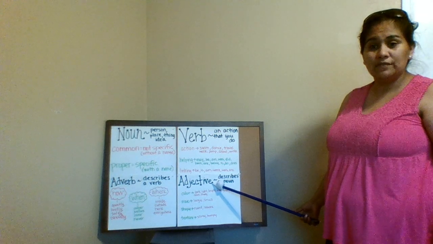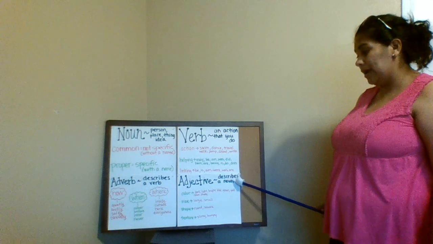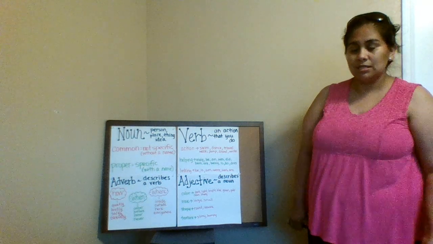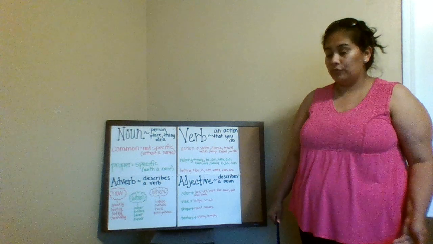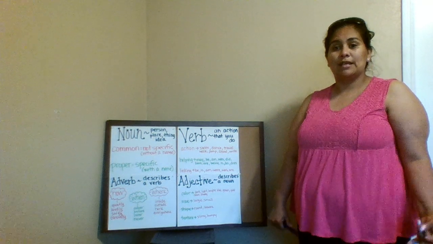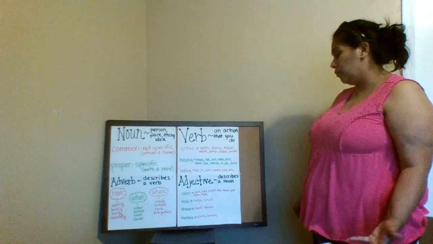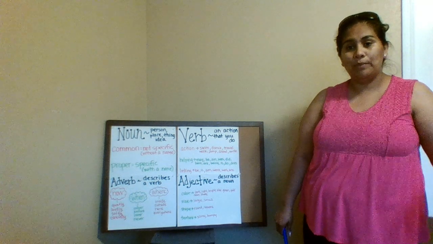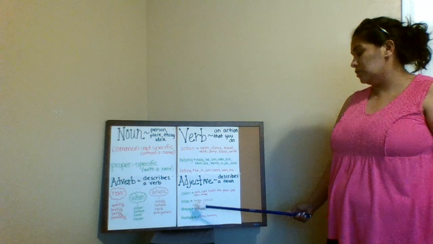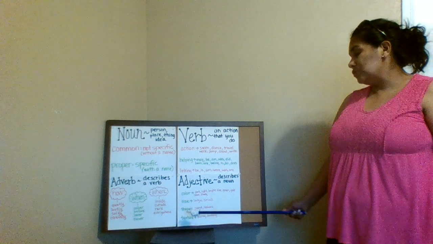Moving on to an adjective. We know an adjective's main job is to describe a noun. An adjective can be many different things. There are 4 categories that we have gone over. An adjective can be color. So it could say something is light, dark, bright, blue, green, purple, pink. It can talk about the size of an object, so large or small. Also the shape.